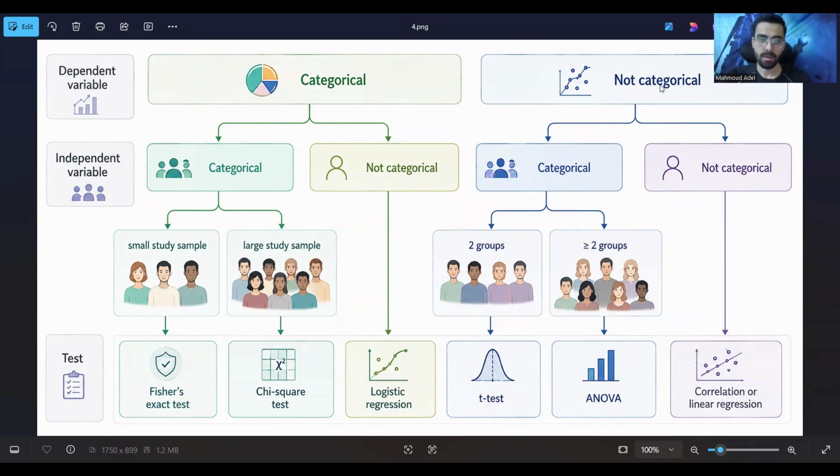If your dependent variable is numerical and your independent variable is numerical, your answer is correlation or linear regression. If your dependent variable is categorical and your independent variable is categorical, and you have a large study group, your answer is chi-square. If you have a small study group, your answer is Fisher's exact test.